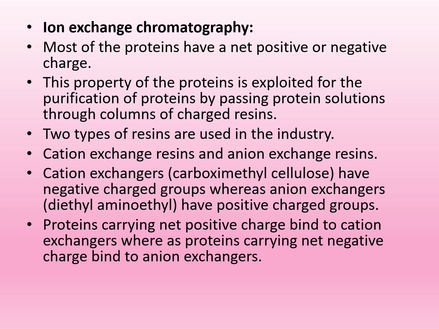Cation exchangers like carboxymethyl cellulose have negatively charged groups, whereas anion exchangers like diethylaminoethyl have positively charged groups. Proteins carrying net positive charge bind to cation exchangers, whereas proteins carrying net negative charge bind to anion exchangers.